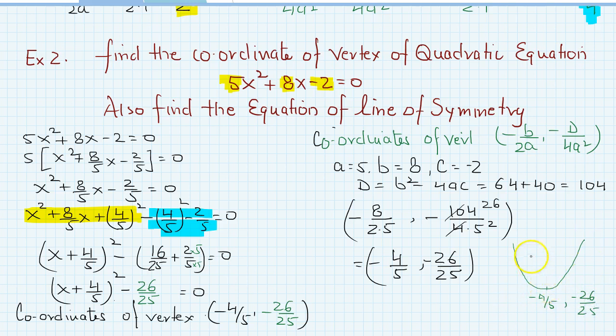So this is the x value and this is the line of symmetry. So here the value of y is changing everywhere, but the value of x remains the same. So the equation of line of symmetry will be x is equal to minus 4 over 5. And that's how we get the solution for this.